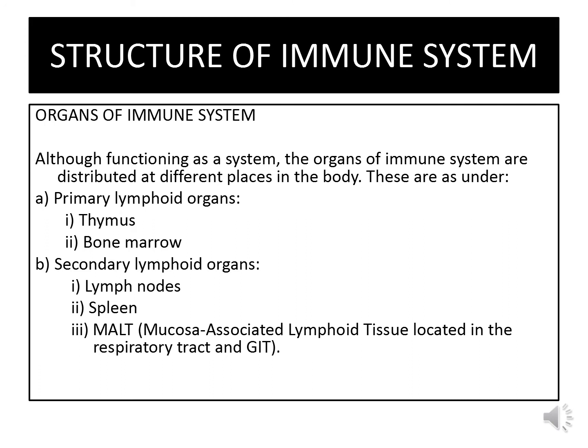Although functioning as a system, the organs of the immune system are distributed at different places in the body, as you have already seen in the picture above. These are primary lymphoid organs like thymus and bone marrow, and secondary lymphoid organs like lymph nodes, spleen, and mucosa-associated lymphoid tissue located in the respiratory tract or gastrointestinal system.